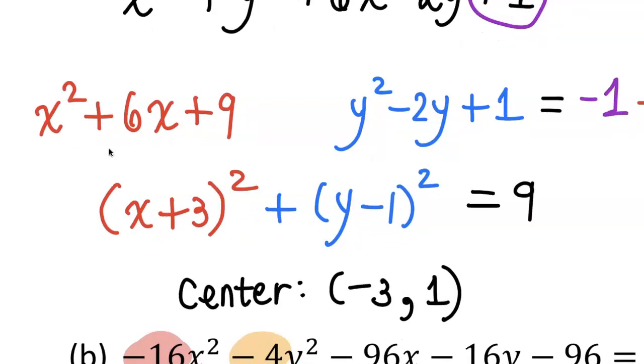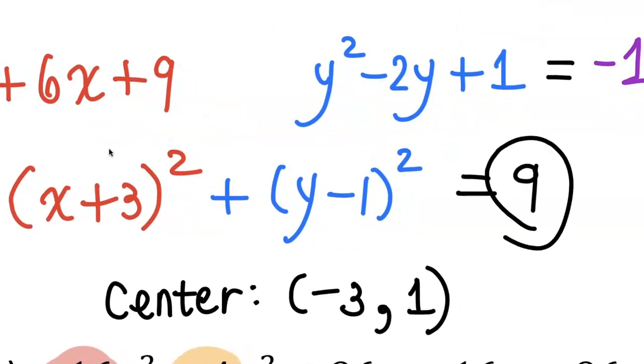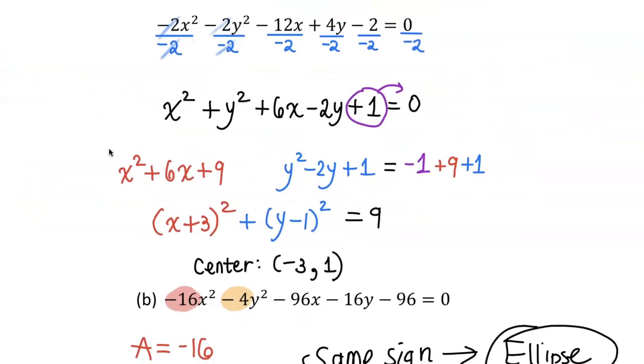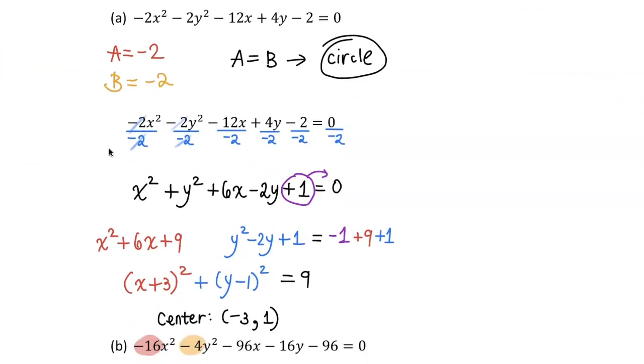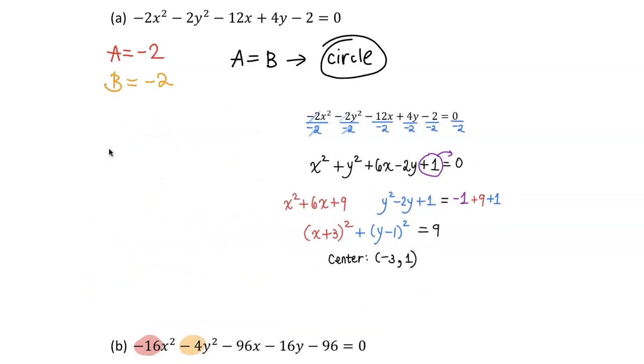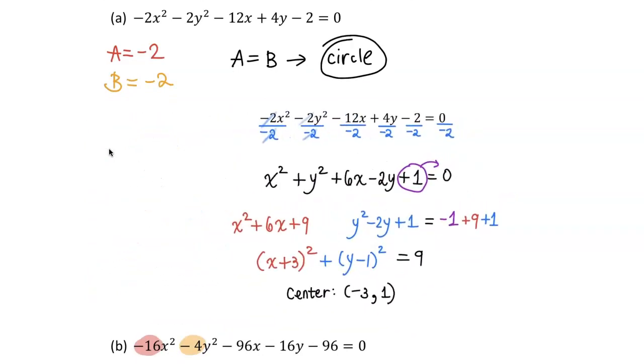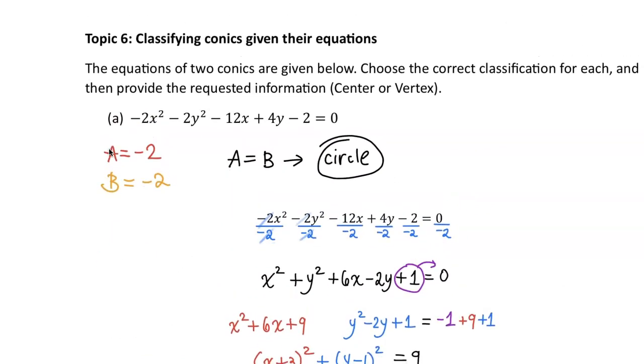And they never ask us for the radius, but the radius will be square root of 9, which is 3. I did it pretty quickly because you and I worked on writing the equation of a circle in standard form and identifying the center at the beginning of the semester. But it's still good practice, completing the square.